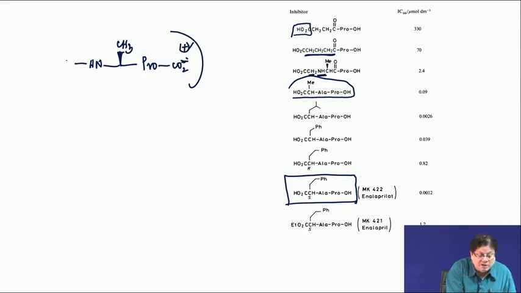Then alanine is not connected by a peptide bond, but a CH, because you cannot have a peptide bond, because that will then be hydrolyzed by the angiotensin converting enzyme. So, CH, and then actually initially they have this compound CH2 CO2H.